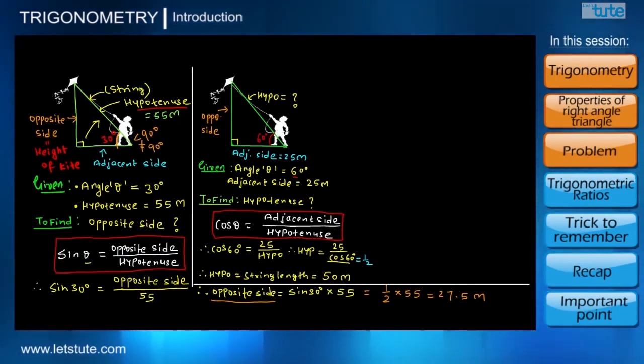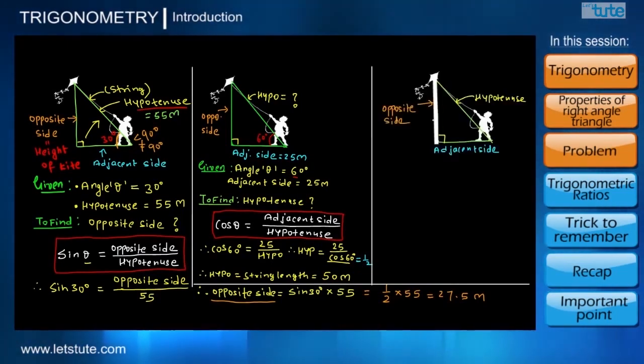Now the third case is, suppose I know my kite height is 35 meters from the ground, and the string angle made is 45 degrees, and I want to know the distance on the ground, that is the adjacent side.